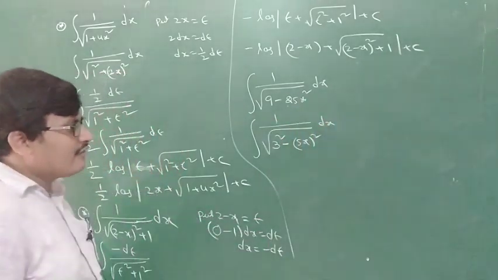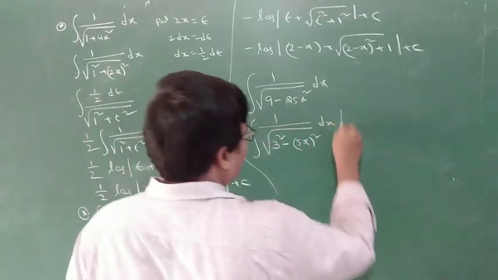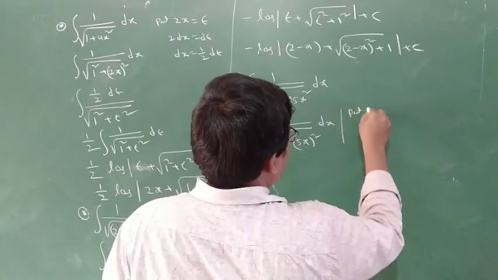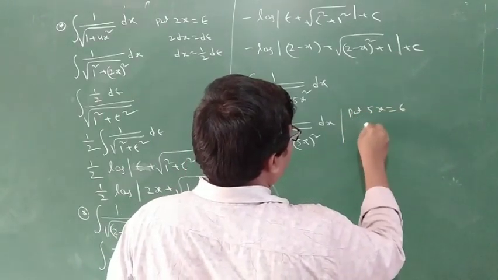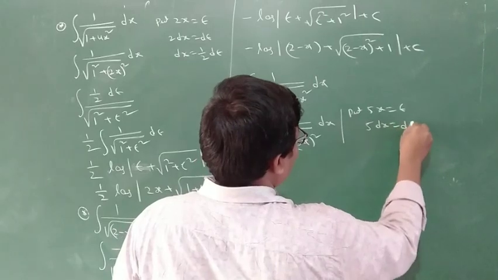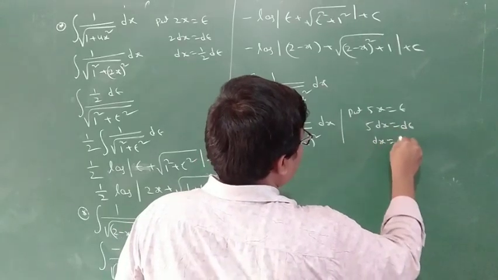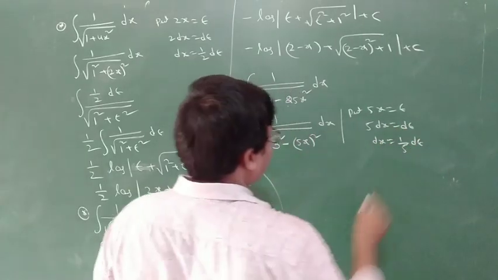Here put 5x is equal to t, 5 dx is equal to dt, so dx is equal to 1 by 5 dt.